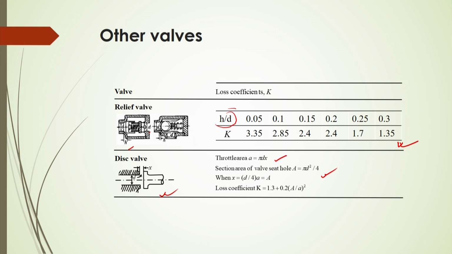When x equals d by 4, a equals capital A, and the loss coefficient is 1.3 plus 0.2 into (a by A) whole squared. So for the disc valve you can calculate the loss coefficient if you know small a and capital A, that is, the throttle area and the cross-sectional area of the seat hole. Then you can easily calculate the minor loss coefficient.